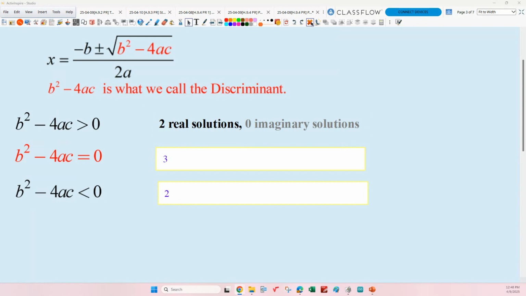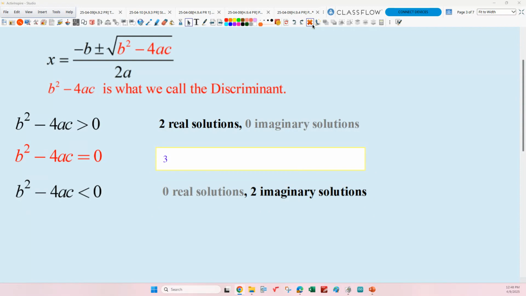I'm getting non-real, but what's the number I'm going to get if the discriminant's negative? How many solutions? 2. And how come 2 again? 1 for the plus, 1 for the minus. Okay, so again, if the discriminant is negative, I'm getting 2 imaginary, or 2 non-real, solutions.